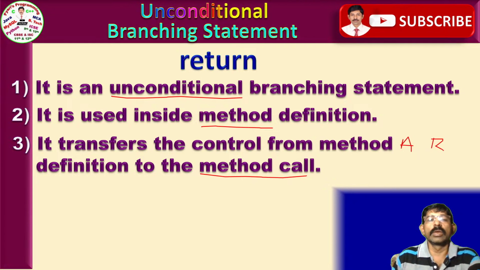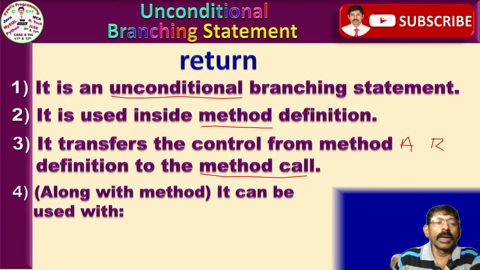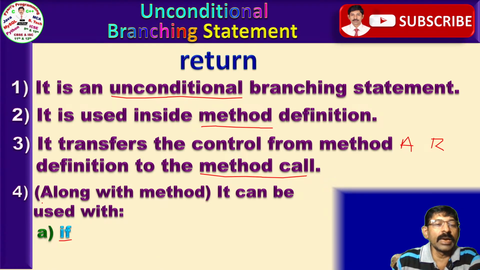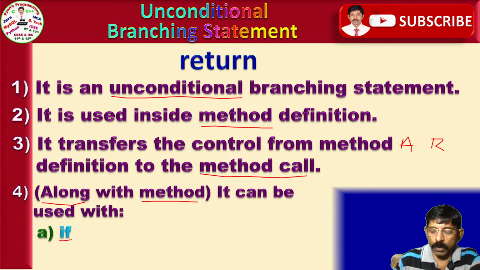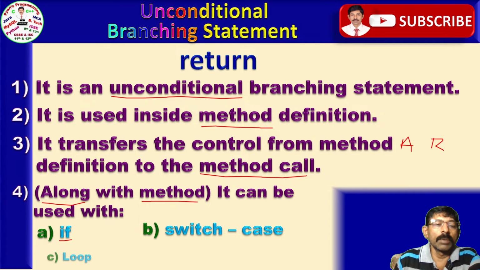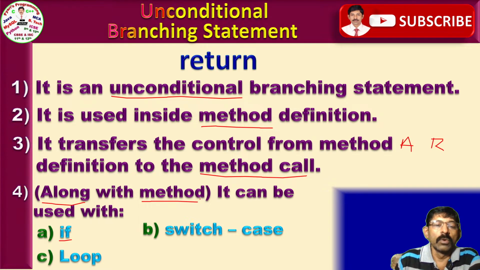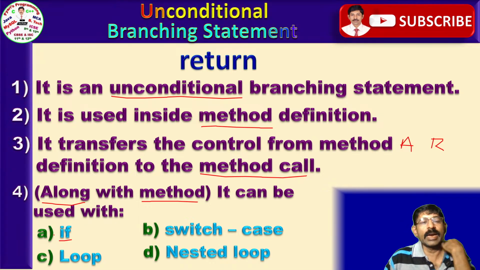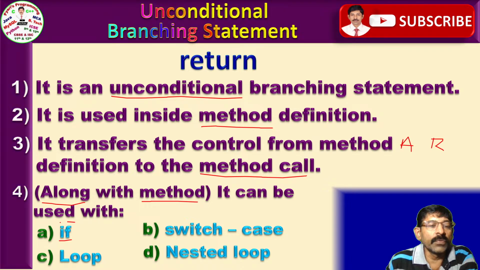In the reason side, it will give. Next point, along with method, it can be used with if condition. With if condition also I can use return, but along with the method. With the method, we can also use it in switch case. With the method also we can use it in a loop. With the method also we can use it with a nested loop. That means inside a method, if I'm having an if condition, with the if condition I can use return.